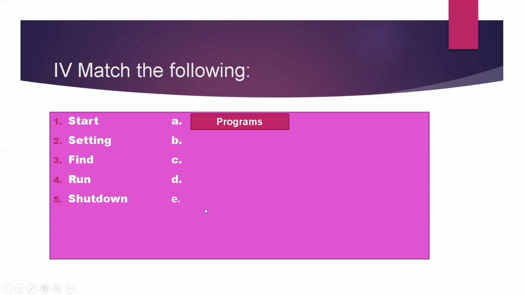Whenever you need to go for paint or any program, I also told you, you can go to the start menu and start, or also you can go to search. But now here, the answer is programs. Okay, next, settings. So what is the answer there? Control panel. When you go to control panel, you have the settings of the computer.